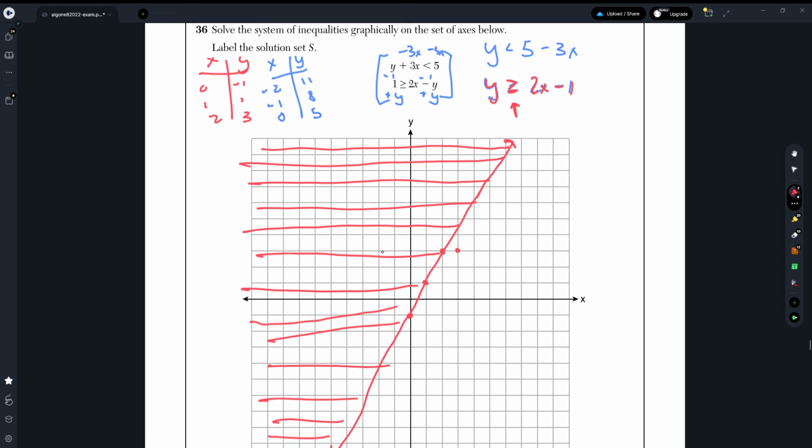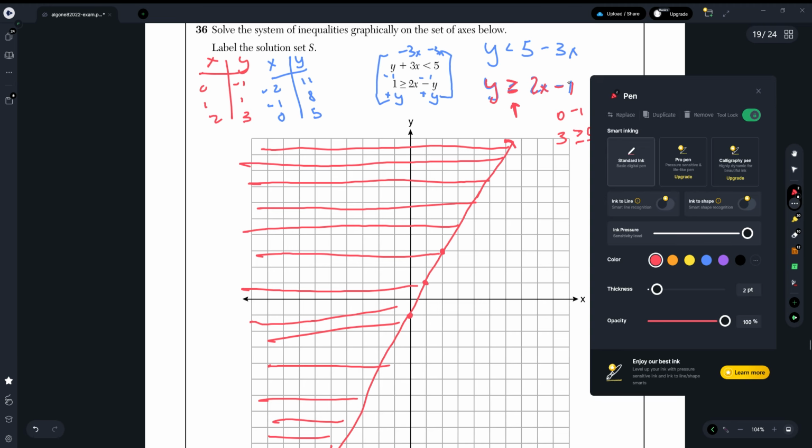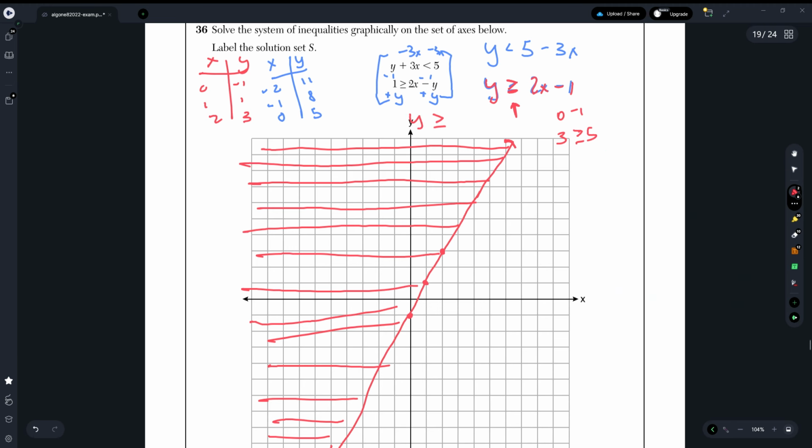So the solution can't lie outside of the shaded area, because if x were to be 3, that'd be 6 minus 1, which is 5, and 5 is not less than or equal to our y value of 3, right? So just make sure. Pretty much all I'm saying is just shade inwards if it's less than or equal to, or if it's looking like that, right?